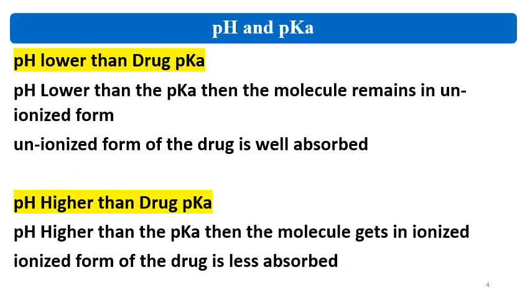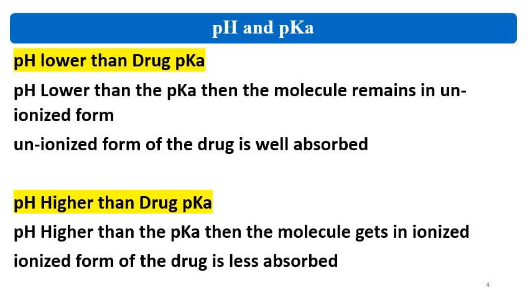Now understand pH lower than the pKa. If you put your drug with a certain pKa in a certain pH environment, then depending on the drug pKa, the pH will have an impact. If the pH is lower than the pKa of the molecule, then the molecule remains in the unionized form.